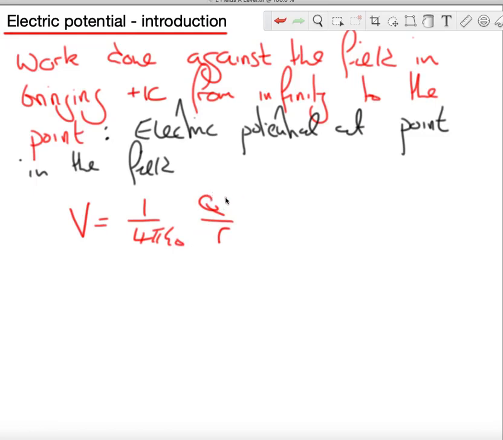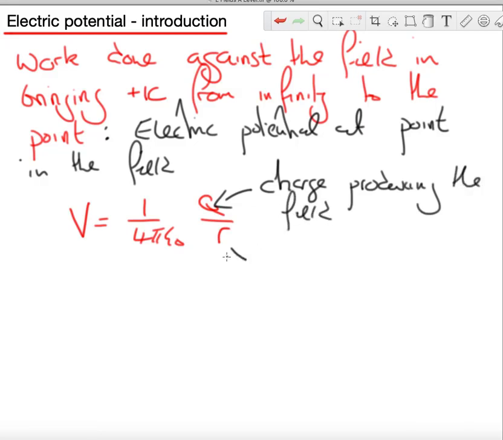Q is the charge producing the field, in coulombs of course, and r is the distance from Q to the point.